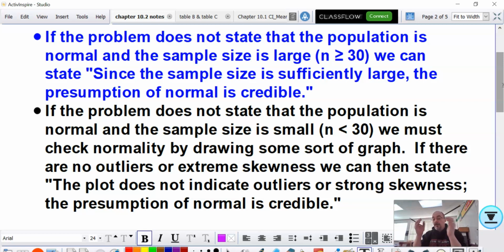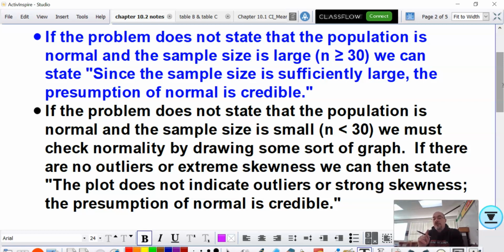This is where trying to keep things straight and not getting them confused and mixed up is going to probably be the most challenging. So you might want to make flashcards for this type of stuff. If the sample size is large, greater than or equal to 30, we can state, since the sample size is sufficiently large, the presumption of normal is credible. That's just one way that you can state it.